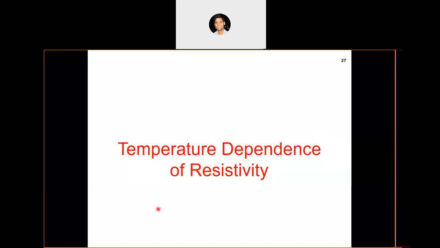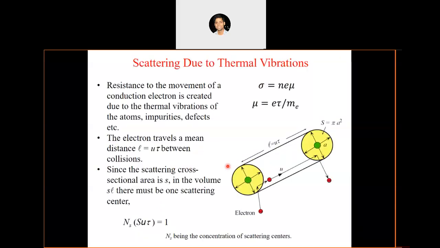Okay. So yeah, today we are going to start with the temperature dependence of resistivity. We saw in the Drude model of conduction that the conduction electrons, the valence electrons, are traveling within the crystal. While they travel under the effect of the electric field, they will also collide with different microstructural features, like thermally vibrating atoms as well as impurities and defects, right?